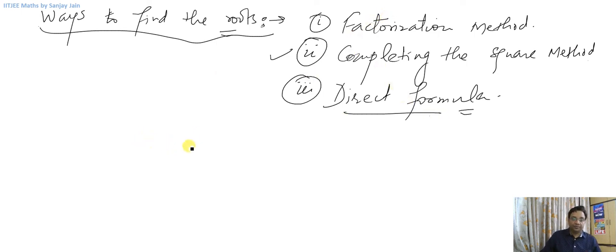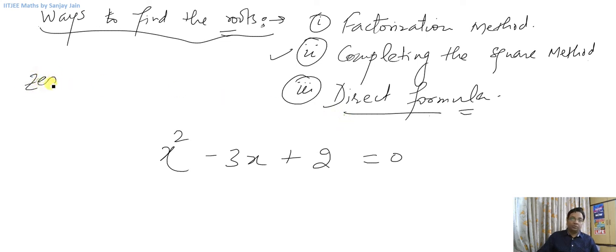For example, let us say we have got x square minus 3x plus 2 equal to 0. Okay, when we studied about polynomials, we talked about zeros of a polynomial, right? And then we spoke about the product of zeros and sum of zeros, right? So if this quadratic expression has got zeros like alpha and beta, then what is alpha into beta?